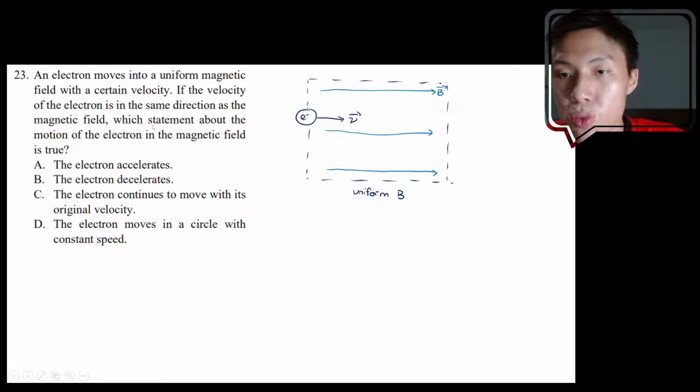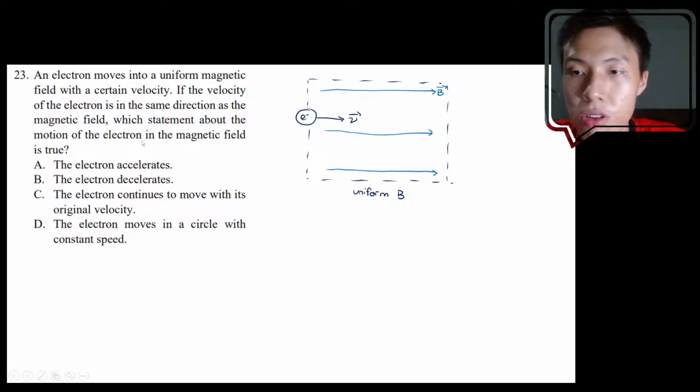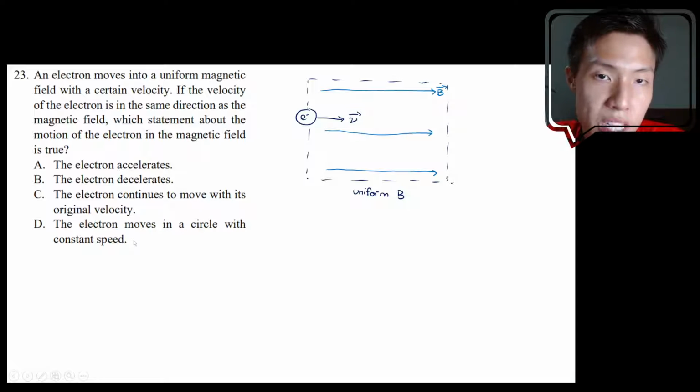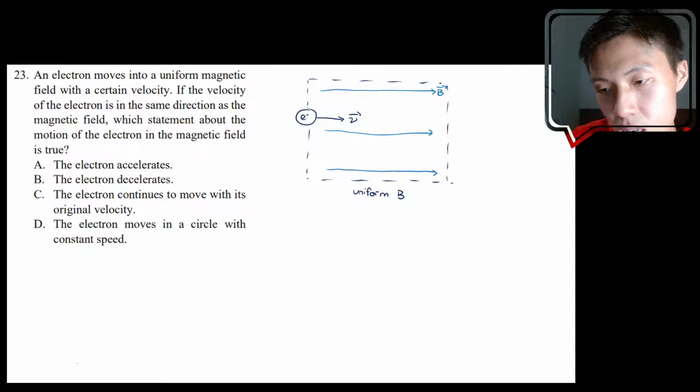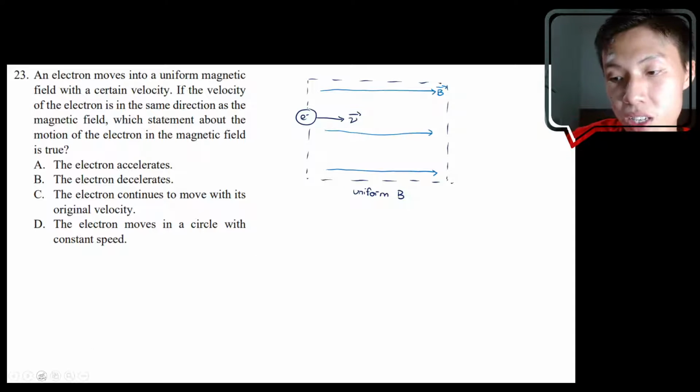Okay, so now they ask which statement about the motion of the electron in the magnetic field is true. So they ask whether the electron will accelerate or decelerate, or whether it will continue to move with the original velocity, or whether it will move in a circle with constant speed. If we look at the situation over here, we can try to determine the magnitude and the direction like usual.